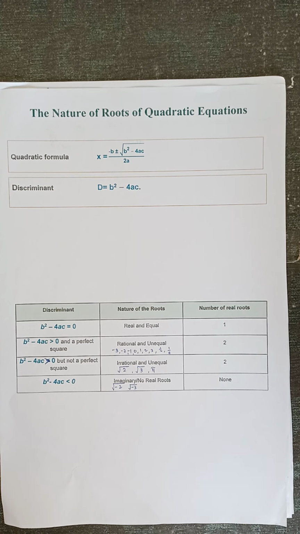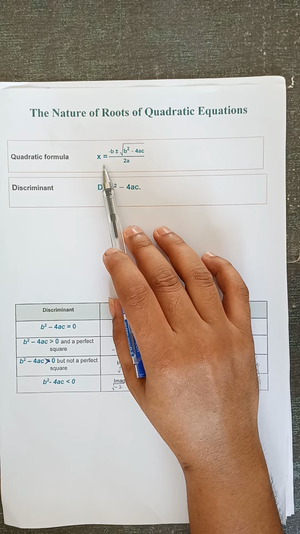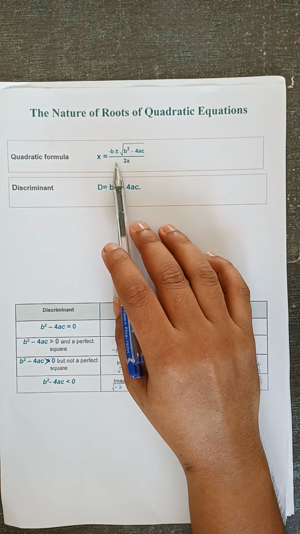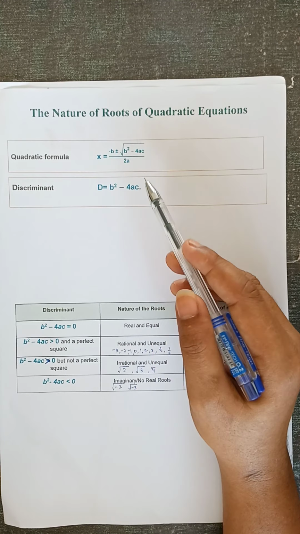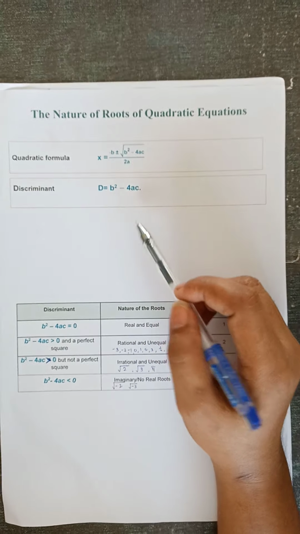Next is by factoring, by completing the square, and lastly by the quadratic formula, which is this one. x is equal to negative b plus minus square root of b squared minus 4ac all over 2a.